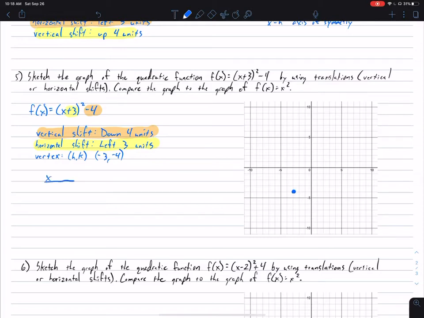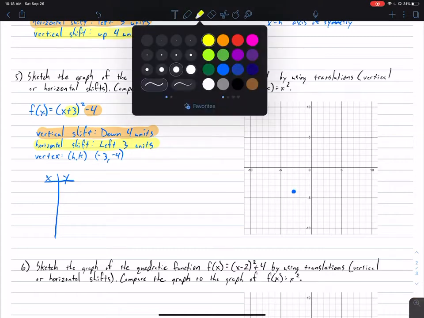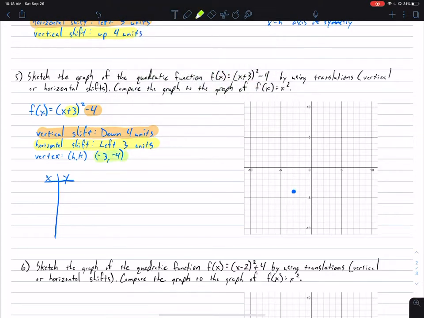So we do need to create a chart that we want to use. My x values, my middle one, again, my recommendation is always to use the vertex as your mid number or mid coordinate point, and then work with two numbers that are smaller, and two numbers directly that are larger.